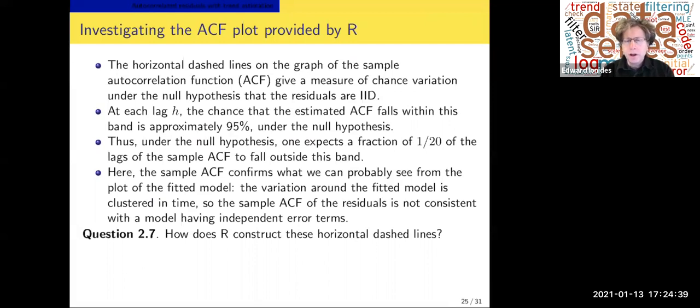We're trusting that R has produced something where, at each lag h, the chance that the estimated ACF falls within this band is approximately 95% under a null hypothesis of white noise. So under this null hypothesis, only 1 in 20 of the lags of the sample ACF will fall outside this band.